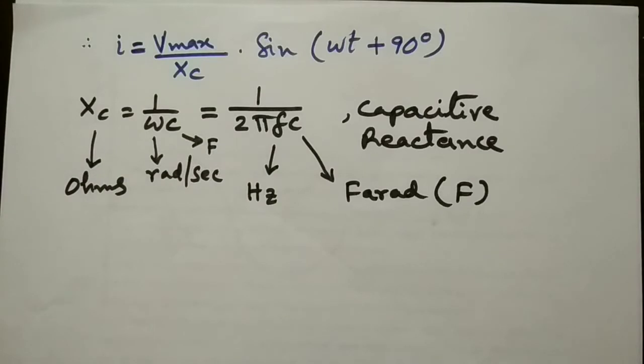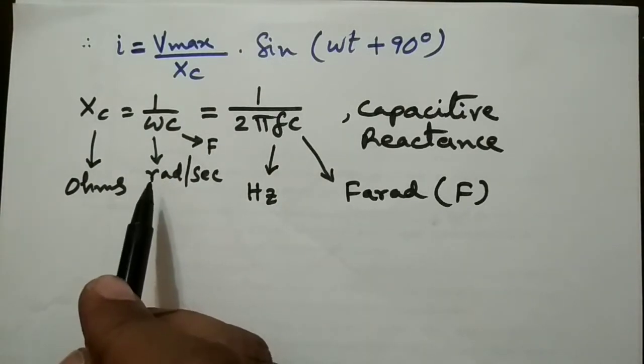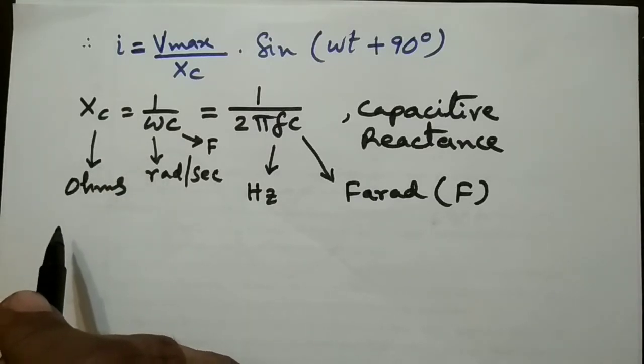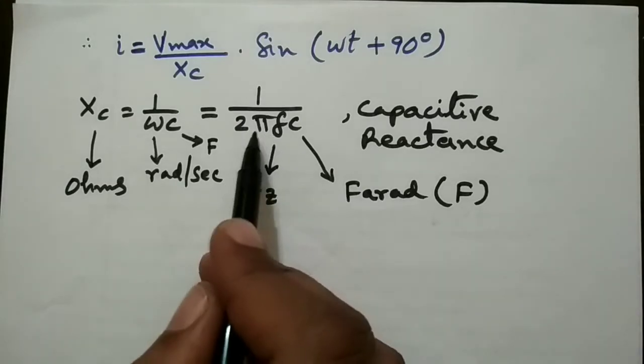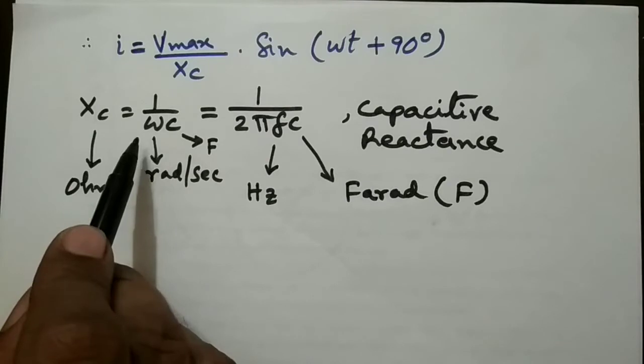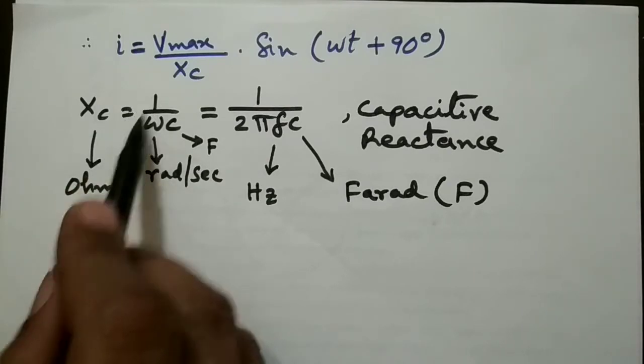So during numerical questions, depending on the values available, we can calculate Xc, the capacitive reactance. If the frequency is given, then we use 1 upon 2 pi f C, and if the angular velocity, that is omega, is given, we use 1 upon omega C.